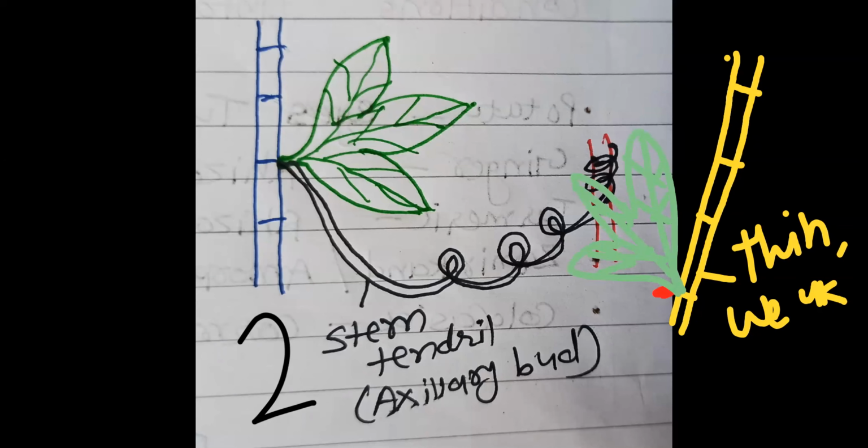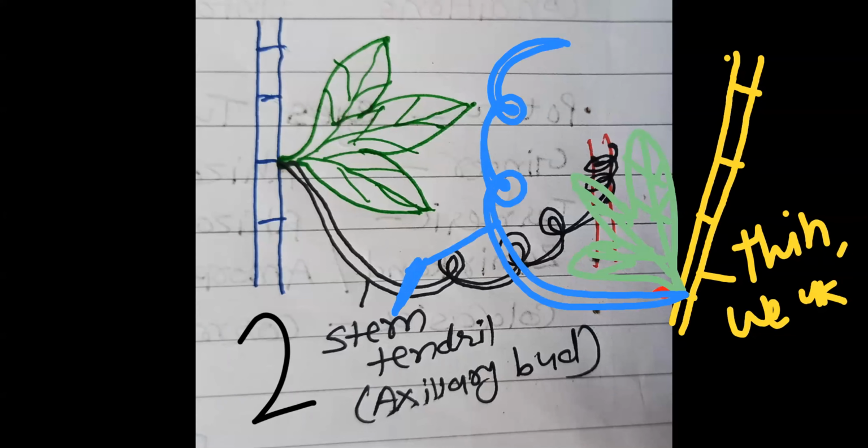Here, on the stem, the axillary bud is present. This axillary bud gets modified into a long, slender, spirally coiled structure. This structure we call tendril, which arises from the stem; the part getting modified is the axillary bud.